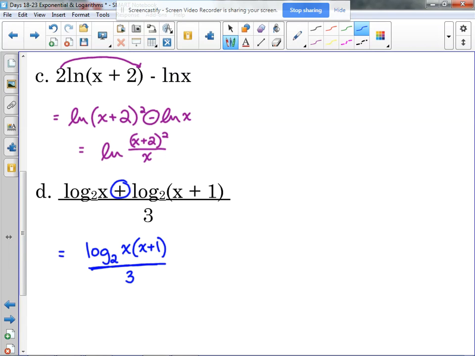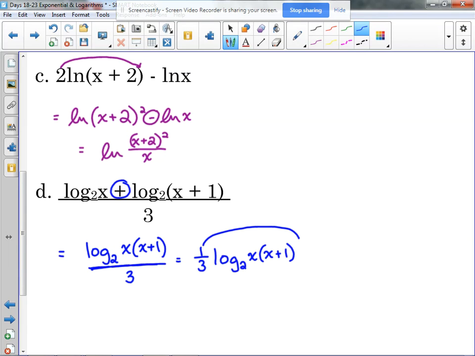Now, dividing by 3 is the same as multiplying by 1/3. I'm going to go ahead and write it that way because we don't have a rule if we're dividing by a constant, but just remember that dividing is the same as multiplying by a fraction.